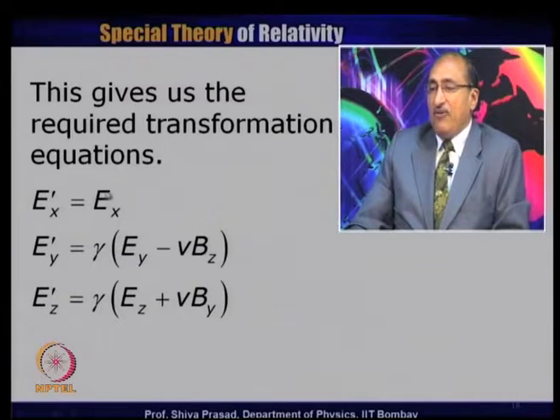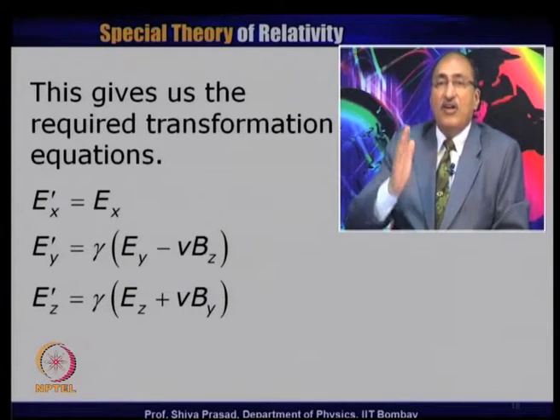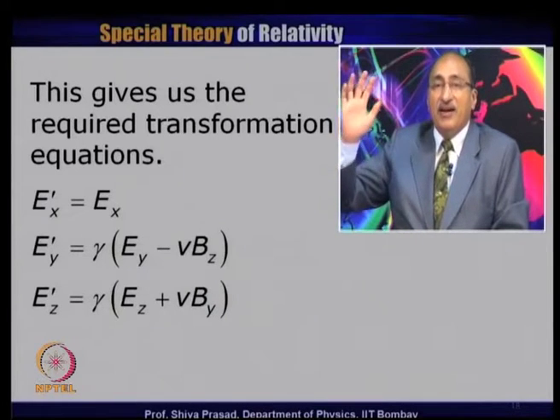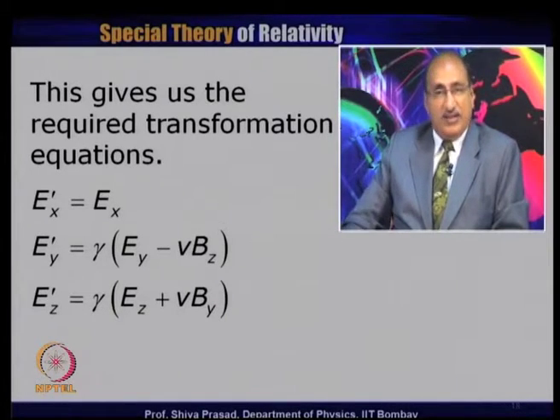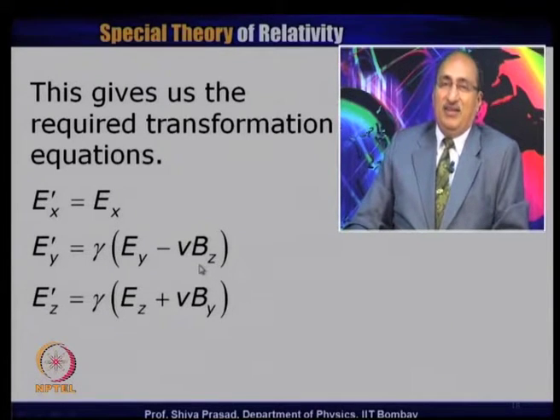So, it means if I know Ex, Ey, Ez, and if I know Bx, By, Bz, I will find these electric fields. So, I get these equations which tell me the electric field in a given frame if I know the electric field and magnetic field in a different frame. What is interesting to realize is that this electric field does depend on the magnetic field in the other frame.